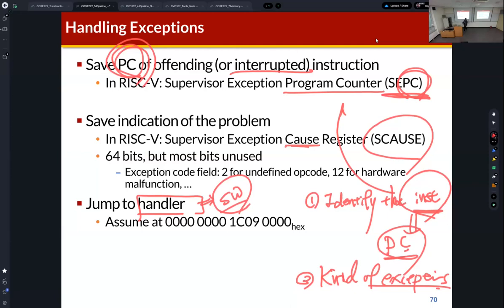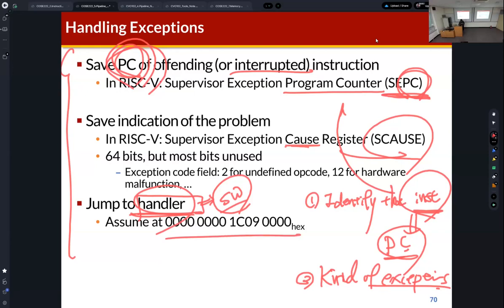So how do we call the exception handler, which is required for handling detected exceptions? These are required operations supported by hardware. When the exception is detected, the PC needs to be stored, and the cause of the exception needs to be stored. Then the processor needs to call the exception handler.